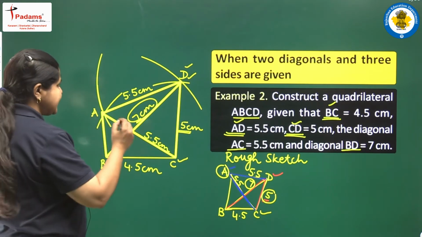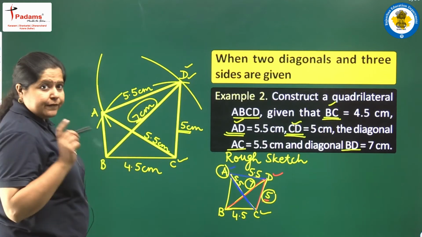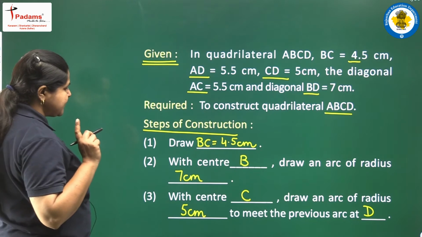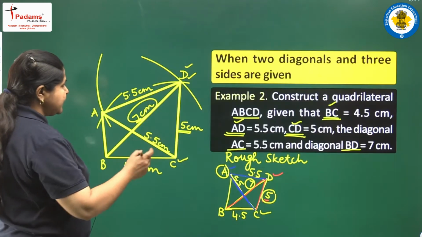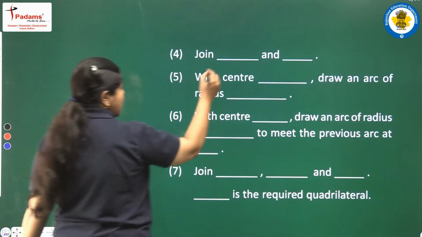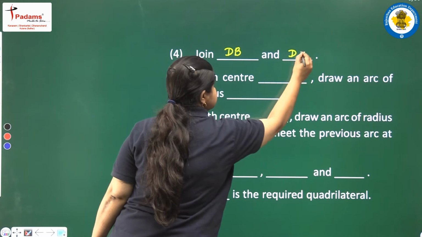Then next, with center D and center C and radius 5.5 centimeters, we drew two arcs. So let us write it here. But before that, we joined DB and DC. So we write it here. Join DB and DC.